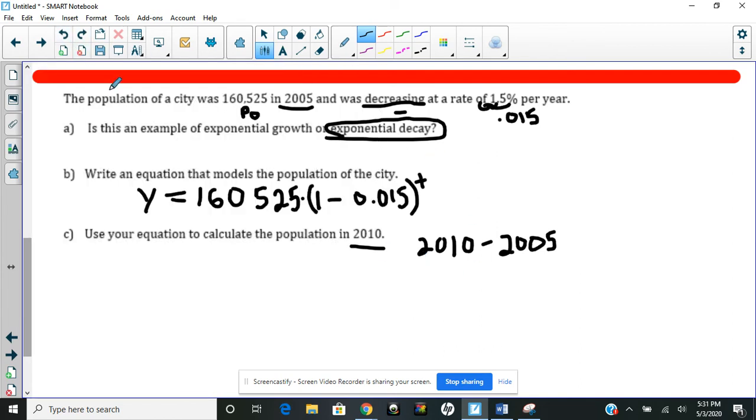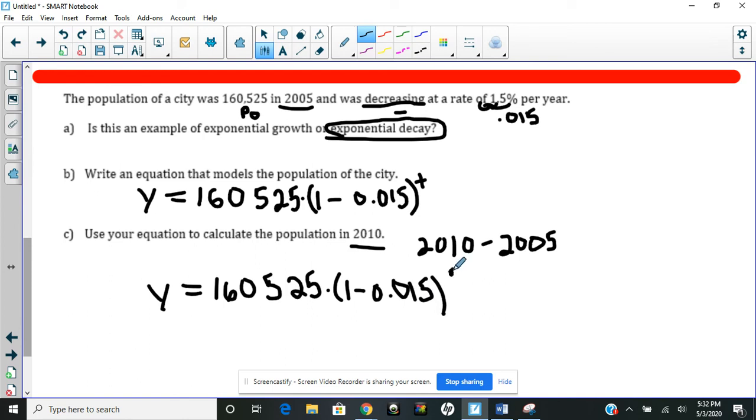Okay. Y equals 160,525 times 1 minus 0.015 to the 5, because we said 5 years passed.